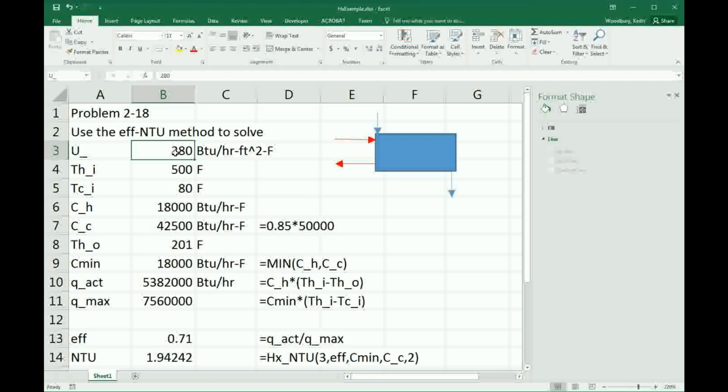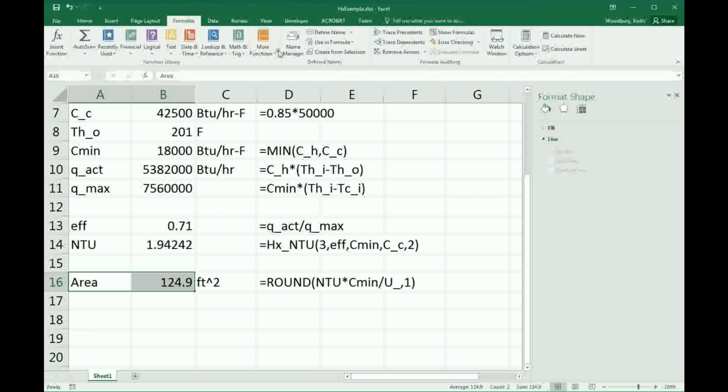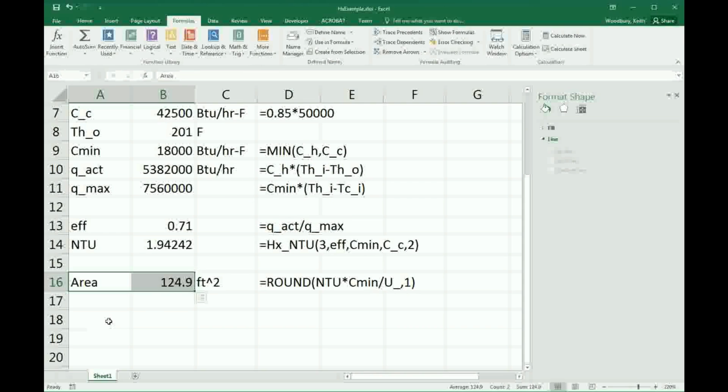So we're just going to hold this overall heat transfer coefficient constant. And we're also going to keep constant this area that we just determined. We're going to assume that once we've sized this exchanger, it's going to operate with these varying flow rates. So here's what I'm going to do.